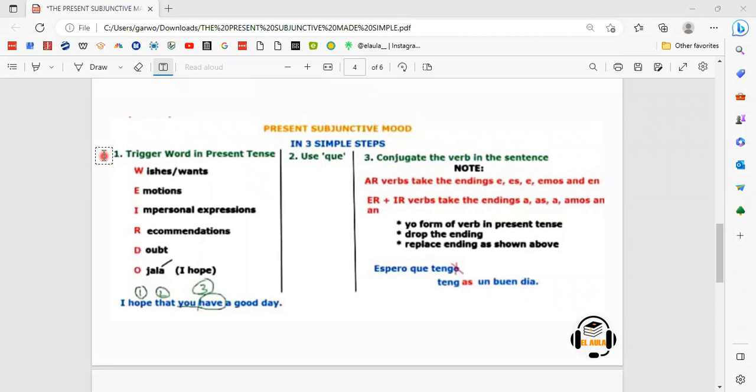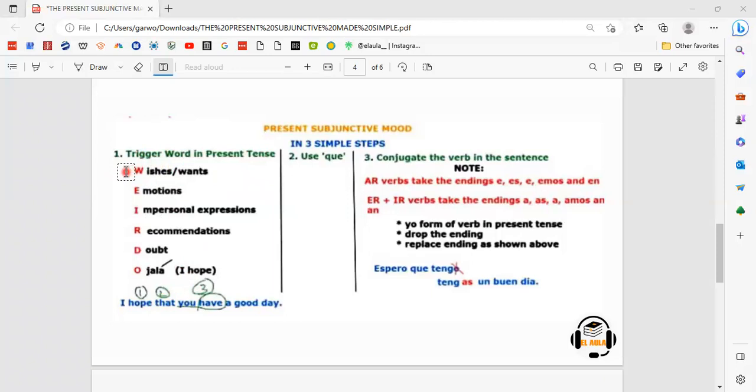All right, great. So this is the present subjunctive mood in 3 simple steps. The first thing that needs to be present for us to know that this is a subjunctive statement is some type of trigger word, right?